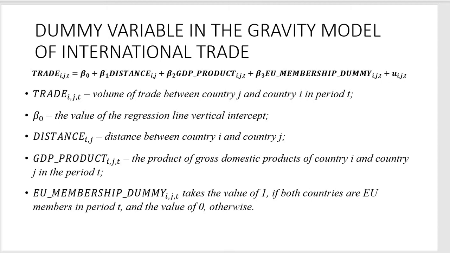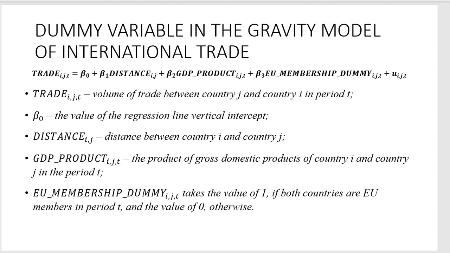Trade simply stands for the volume of trade between country I and J in period T. Beta 0 is the constant. As you remember, it stands for the value of the vertical intercept of the regression line. It tells you what the value of the international trade variable is if the rest of the variables take the value of 0.